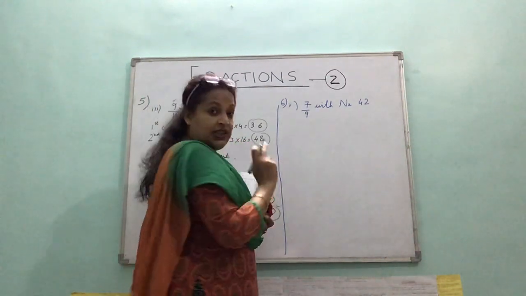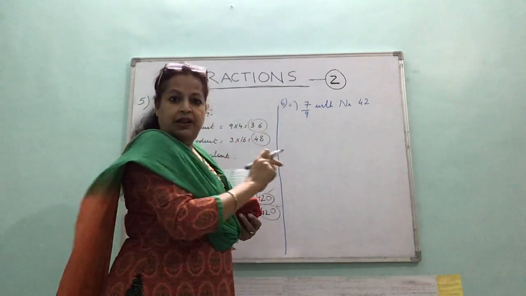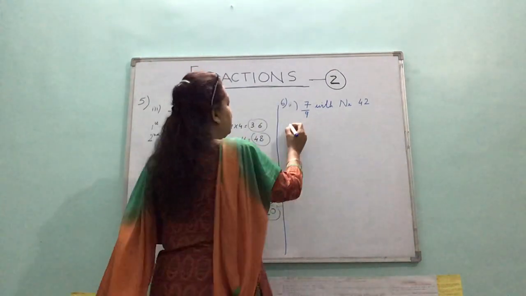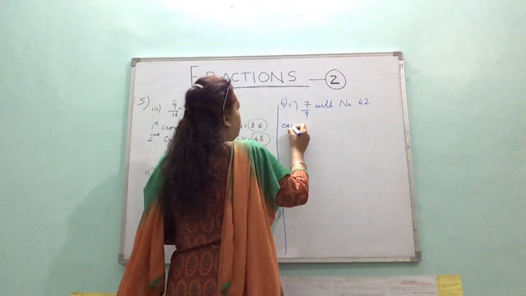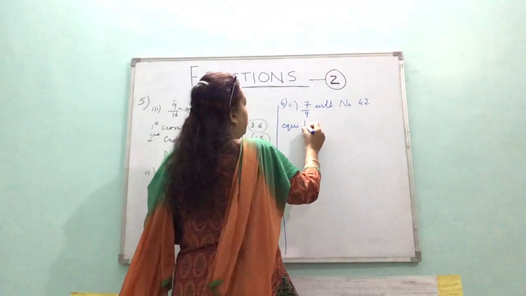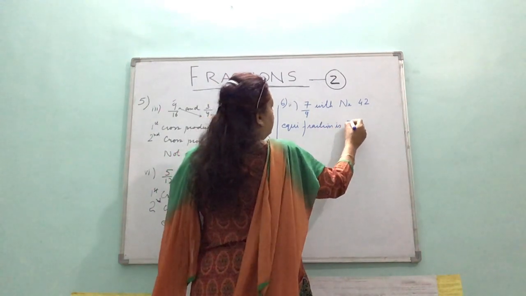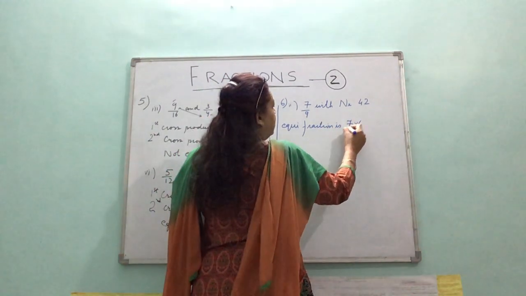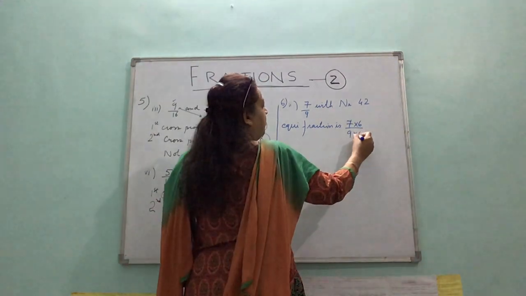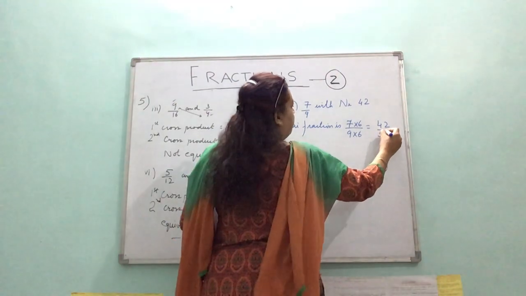Since we cannot change the value of the fraction, we have to multiply both numerator and denominator by 6. So equivalent fraction is 7 multiplied by 6 and also 9 multiplied by 6. So it is 42 by 50.